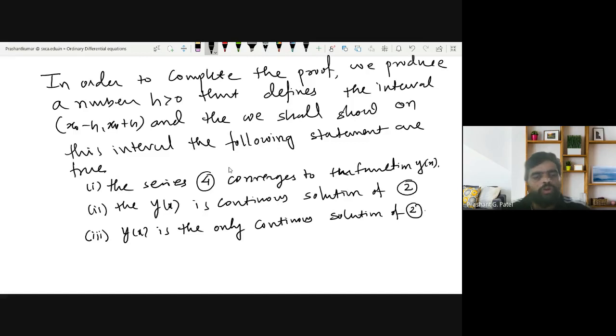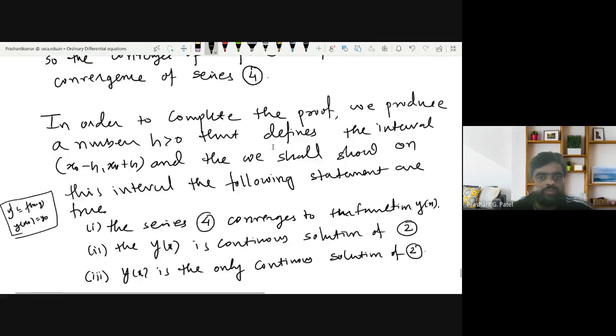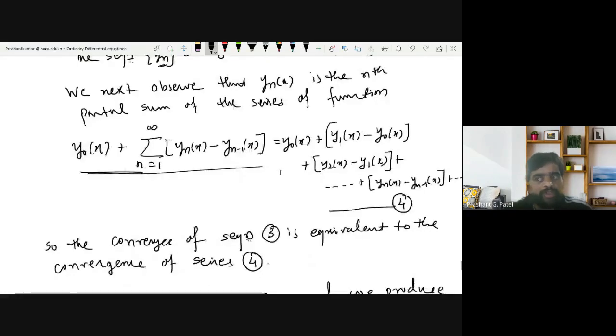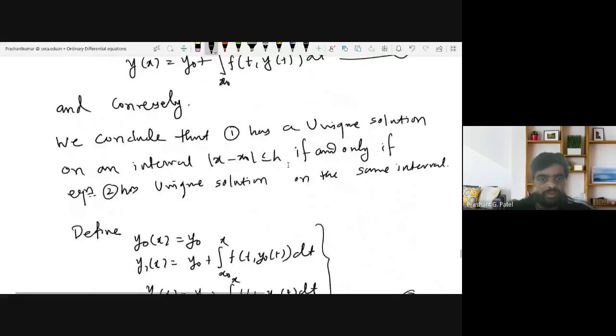In order to prove that the equation y dash is equal to f of x, y with condition y of 0 equal to y0 has a unique solution, that means we have to prove that equation 4, the series, converges to a function y of x. y of x is a continuous function which is a solution of equation 2, the integral equation.